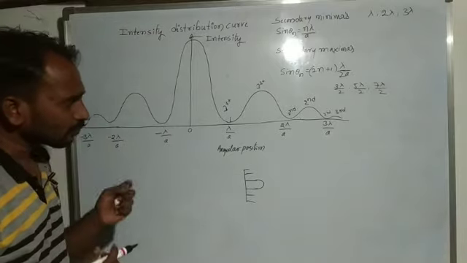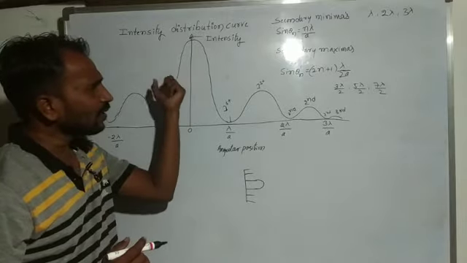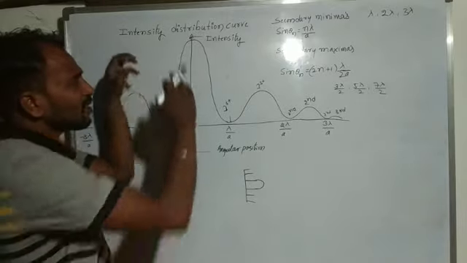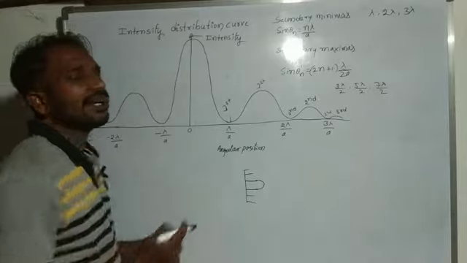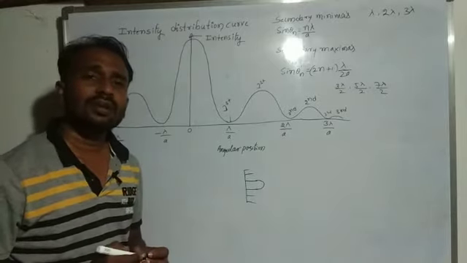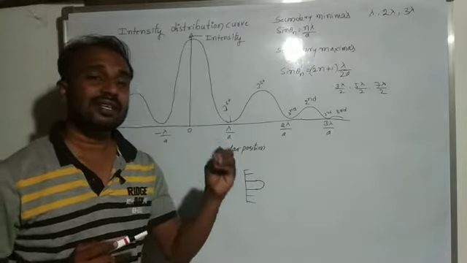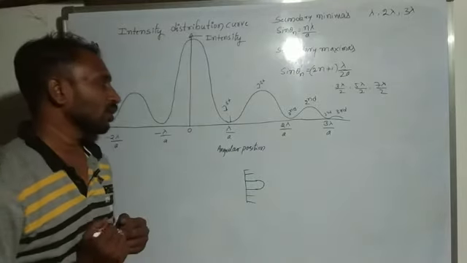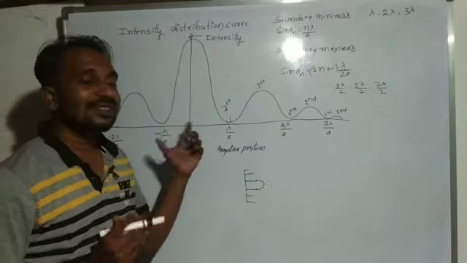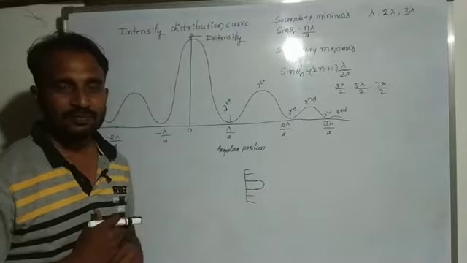So this one is the central maxima. Here we get alternate bright and dark fringes on a screen after diffraction at a single slit. Why do we consider a central maxima?